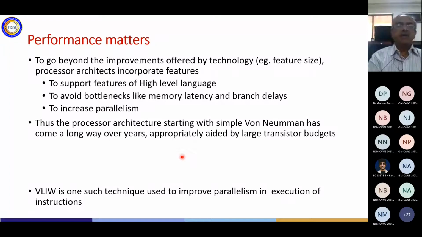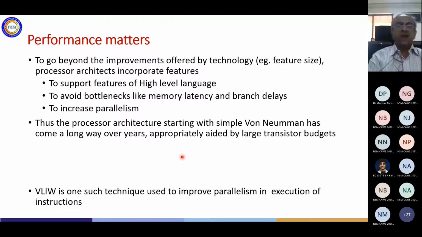Then there is a need coming from the higher level languages, indicating the kind of constructs they require. Object oriented programming came after simple C programming; C, Pascal, Fortran kind of languages existed.